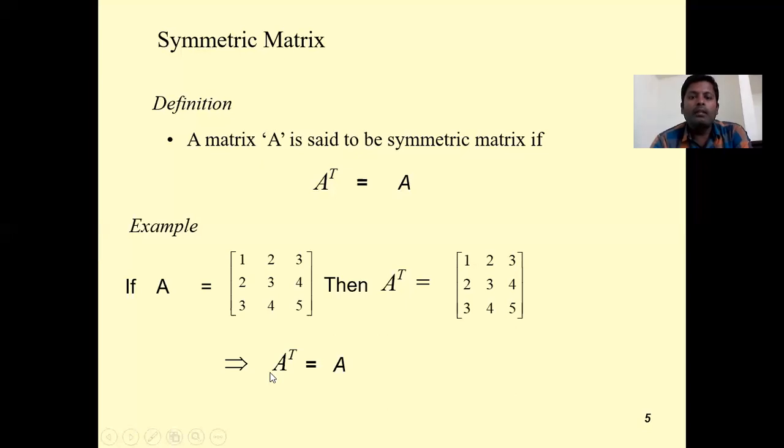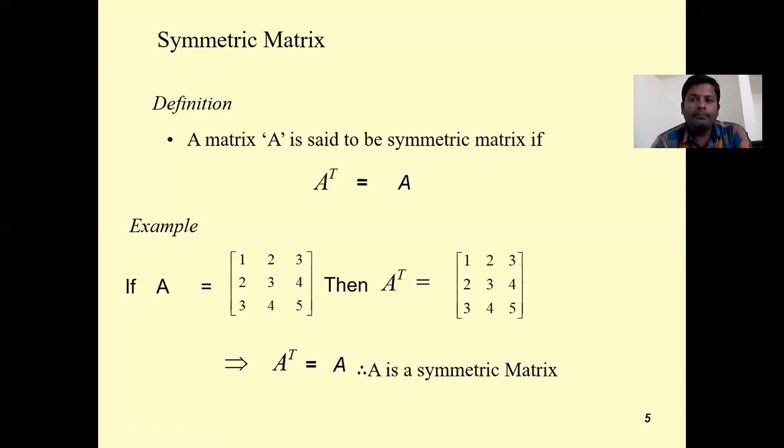Then by the definition, A transpose is equal to A. Whenever we write the transpose of this matrix, we get the same matrix A. So we say that A is a symmetric matrix.